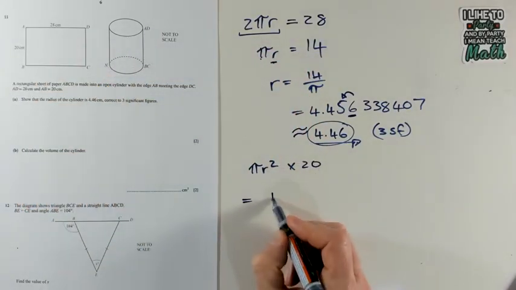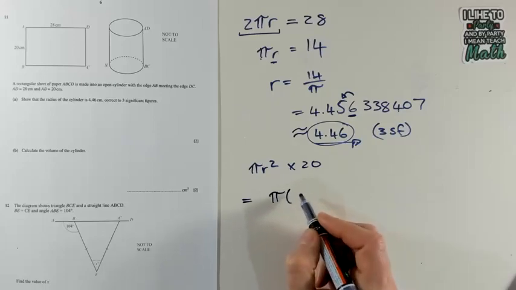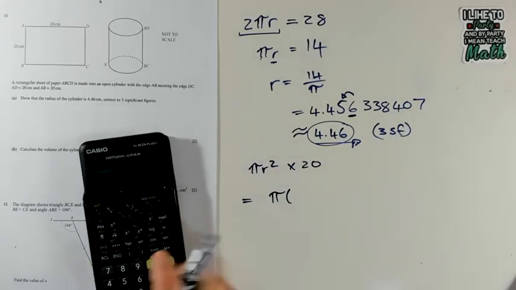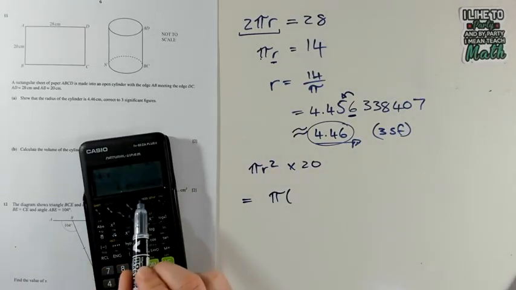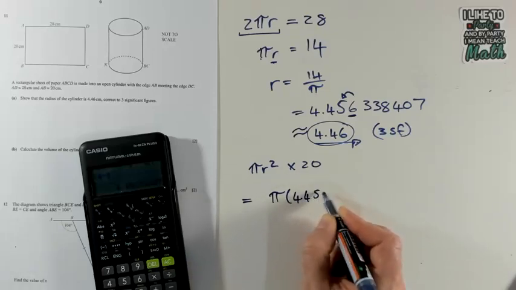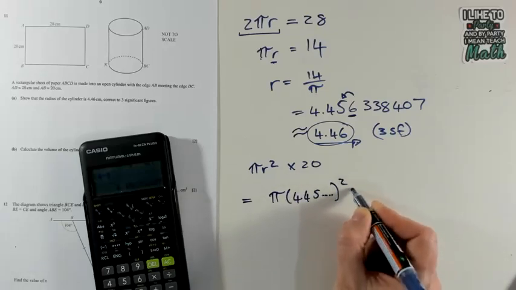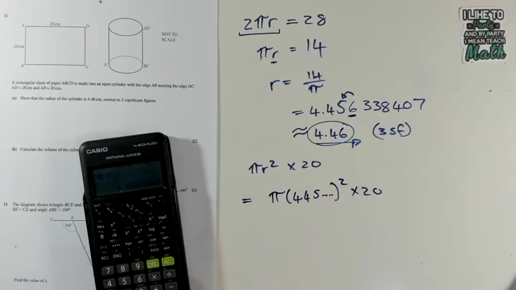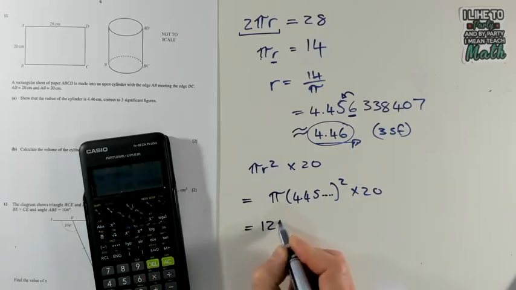So I would just keep this in my calculator: pi times the 4.45 blah blah blah answer squared, times 20.